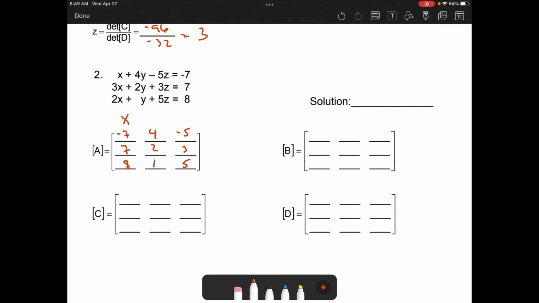So there's my A matrix. Okay, my B matrix is going to be my Y matrix. Replace my Y coefficients with my constants. So then my X coefficients are the same. My Z coefficients are the same.